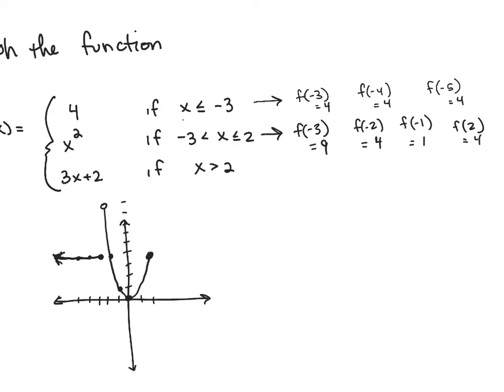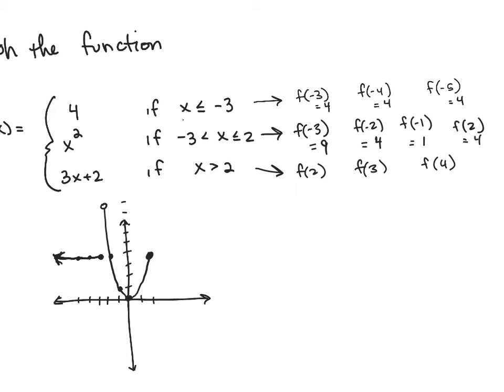Now the last piece here, the bottom piece, we're going to evaluate just a few more values of x into this function piece 3x plus 2, and we're going to use that boundary number. So I need to figure out f of 2, and then any values greater than that. So f of 3, f of 4, and these are going to be plugged into this piece. We're using that rule, so 3 times x now becomes 3 times 2.